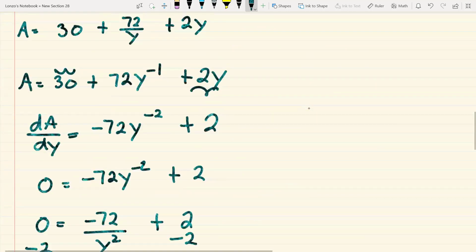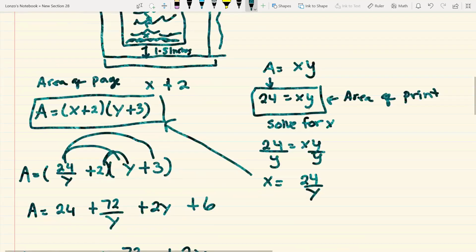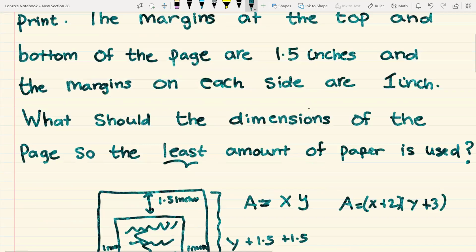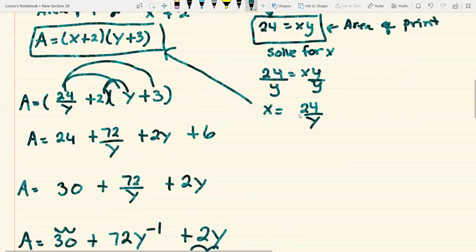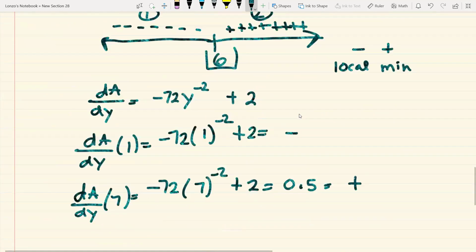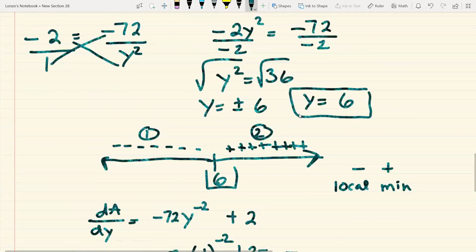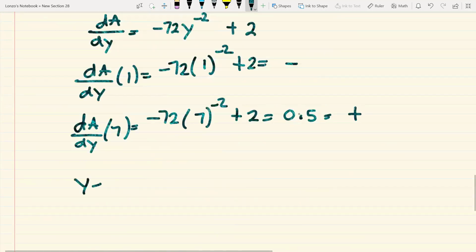So the problem asks, what should the dimensions of the page be? So the least amount of paper to use. We found our y value. Now we have to find our x value, right? We said our y value is 6 inches. And then what is our x value? Our x is 24 over y, right?